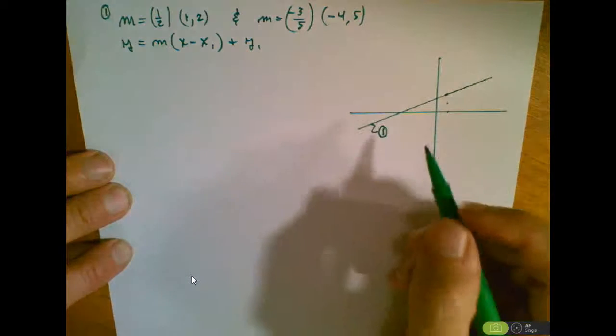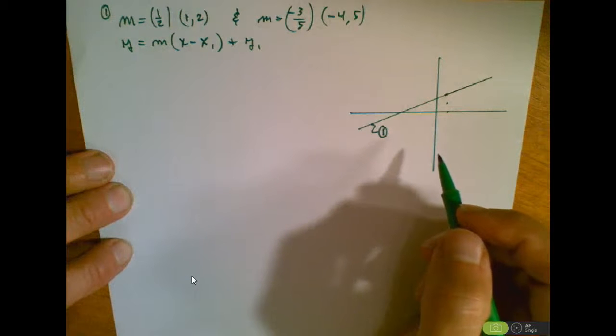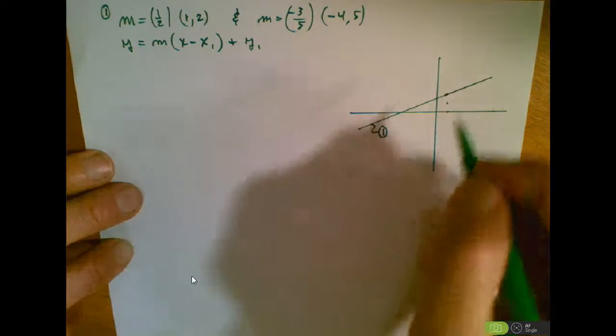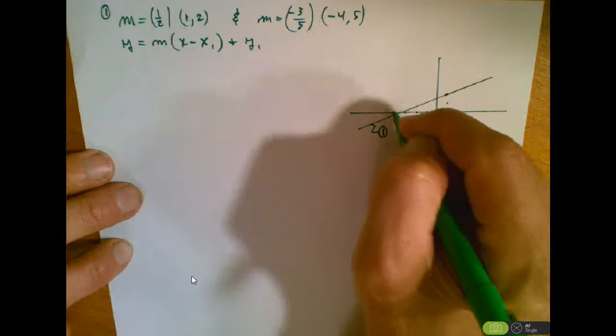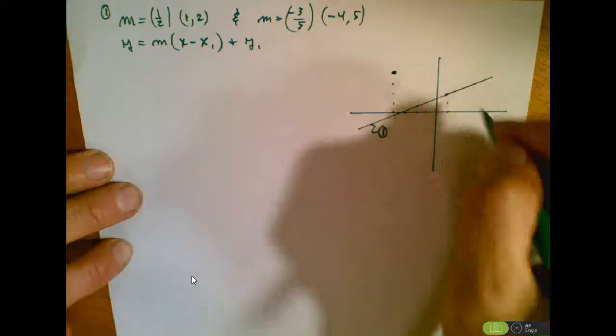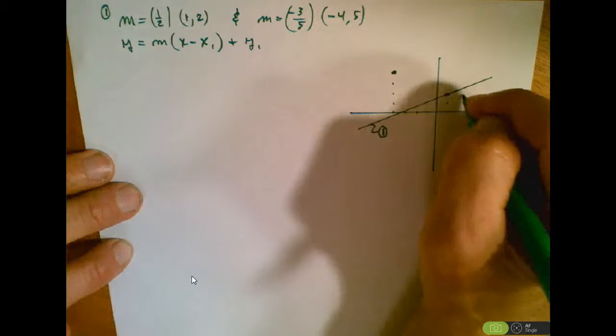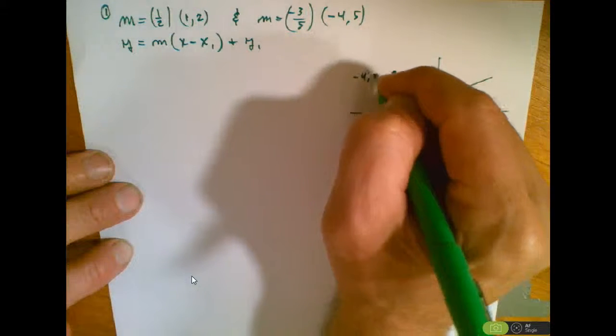The second line will have a slope of -3/5, and the point defined will be (-4, 5). So we're going to go 1, 2, 3, 4, and up 5. So that's our point. Let's label these two points: this is going to be (1, 2), and then this will be (-4, 5).